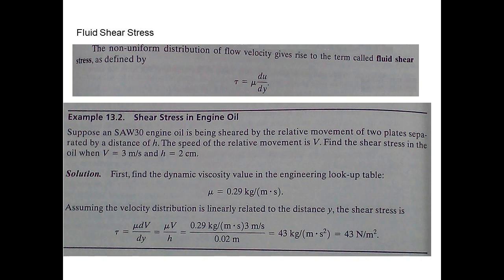There's an eta which is 0.29 kg per m times s, and then the velocity is 3 meters per second, and then the height is 2 centimeters. So it has been simplified to tau equals to eta times v divided by h, and the calculation follows the rest.